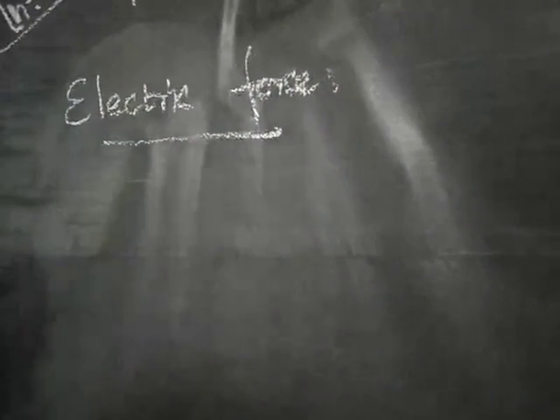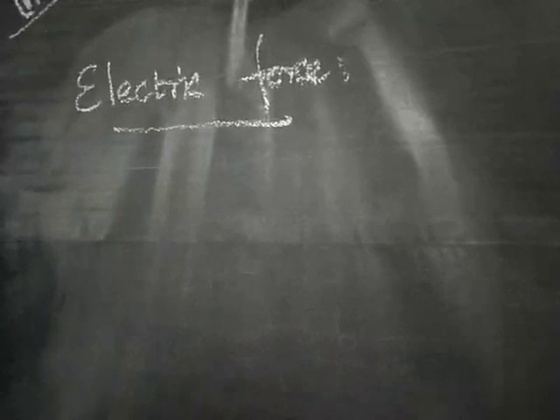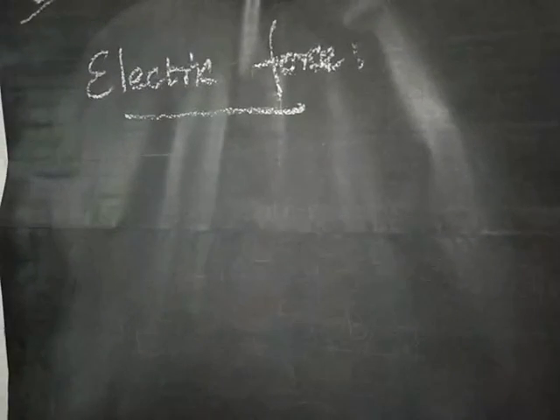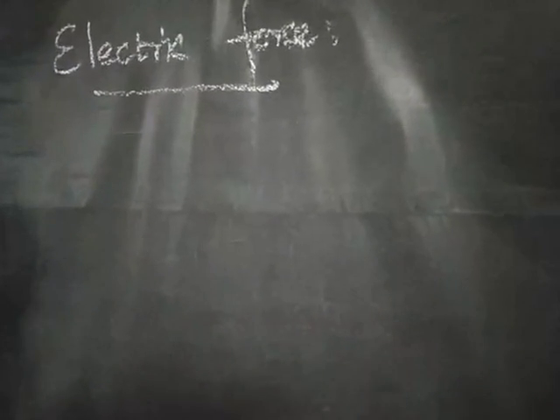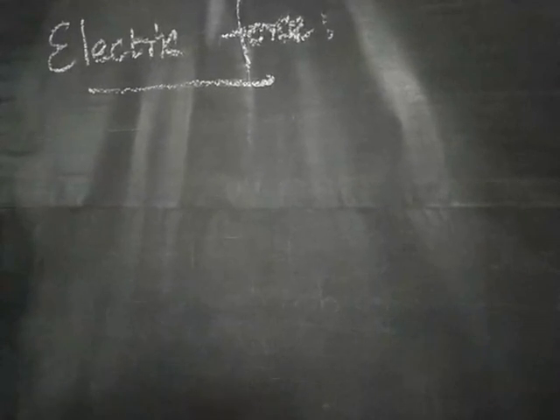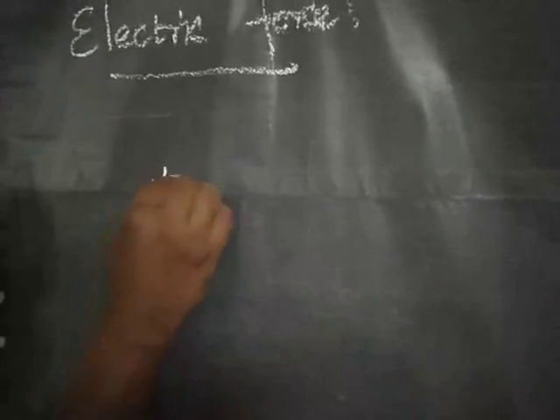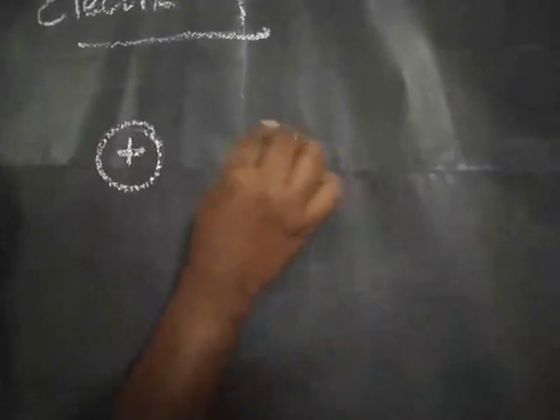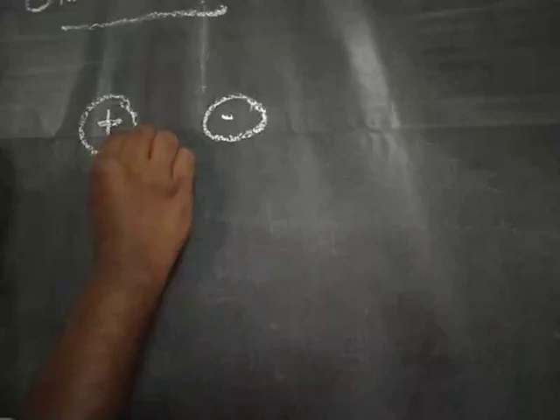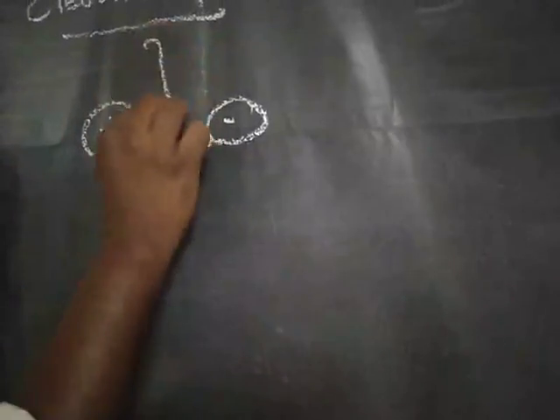The force existing between two charged particles, that is, already available between two charges, is called electric force. For example, between plus and minus, the force existing there is called electric force.